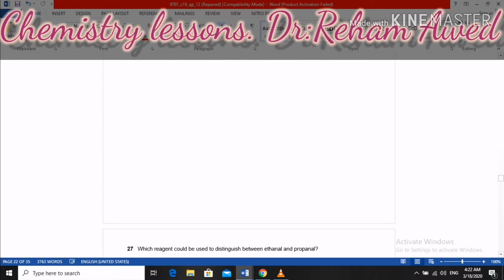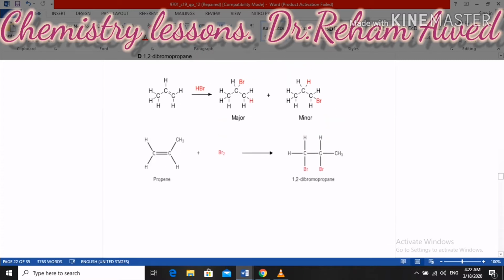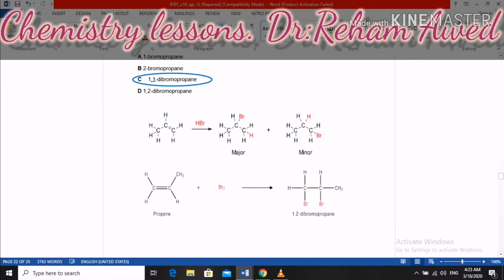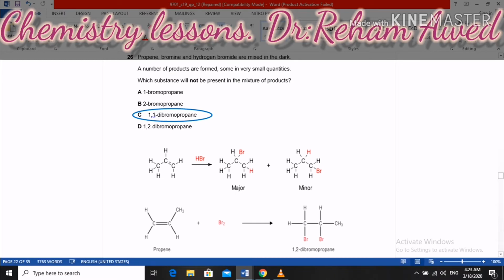So we have three main products: 2-bromopropane, 1-bromopropane and 1,2-dibromopropane. So the third choice, 1,1-dibromopropane, is not accepted because we have two bromine atoms on the same carbon atom, and this won't happen in any addition reaction. It is found in substitution reactions only.